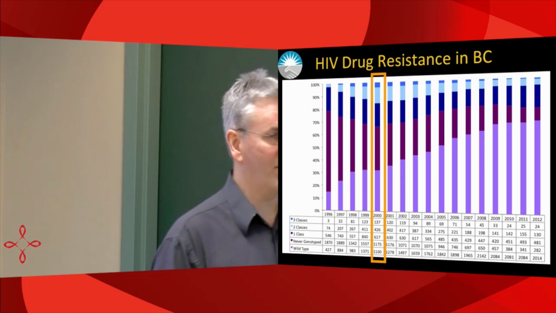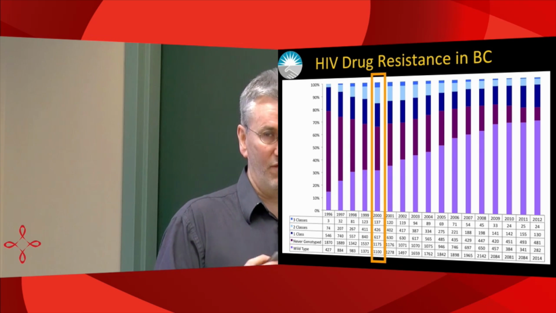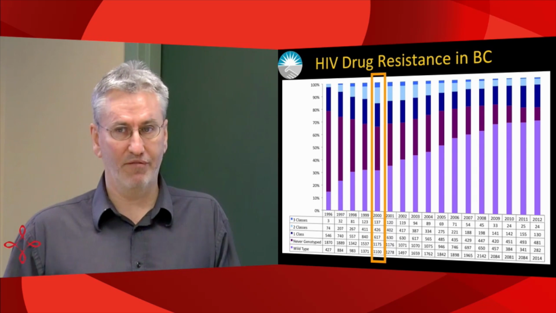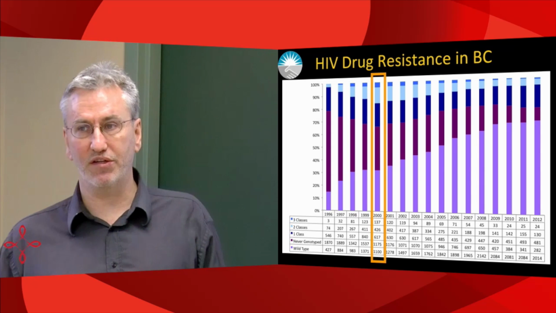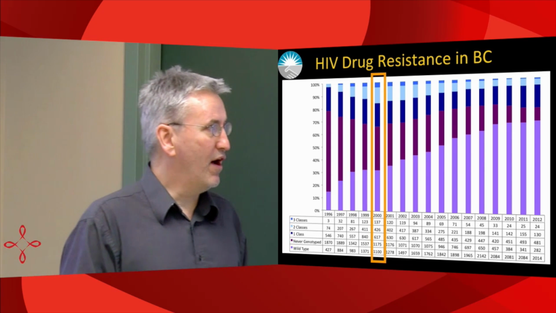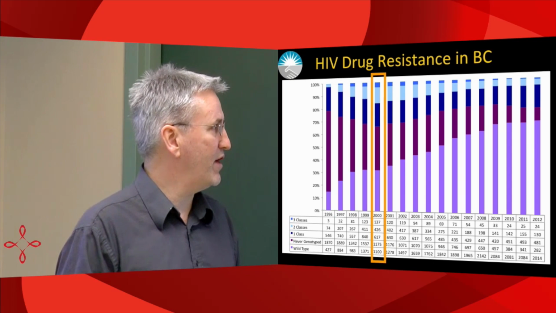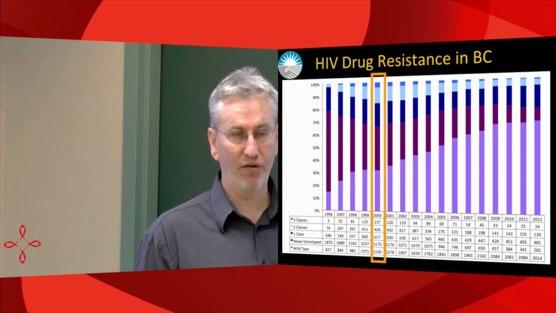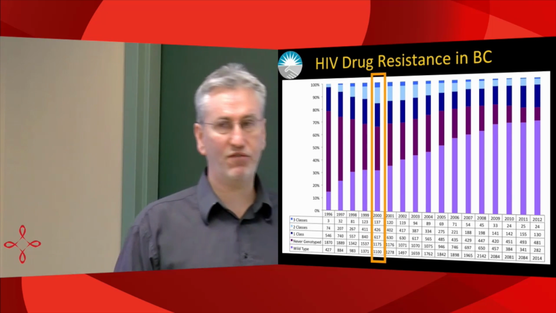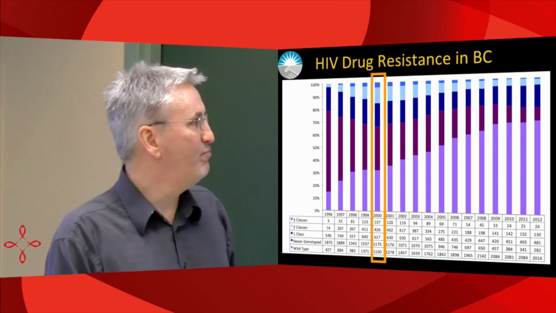In essence, in around 2000 or so, the treatment of HIV was drug resistance, and this has completely changed these days. The vast majority of patients that we test are completely wild type, susceptible to all the drugs, and we've got 6 drug classes in a pinch.